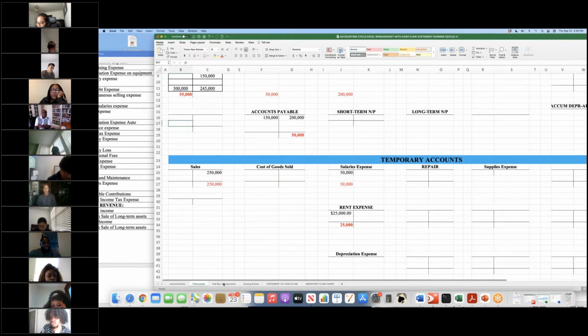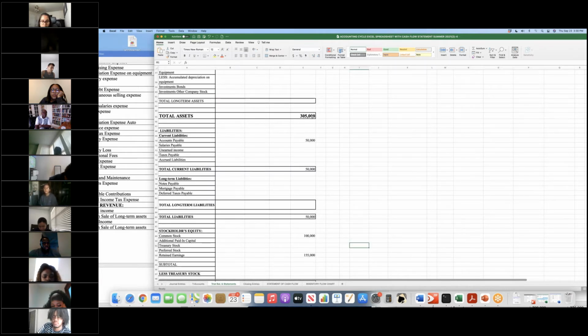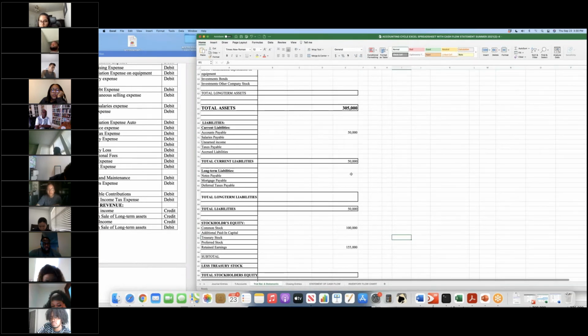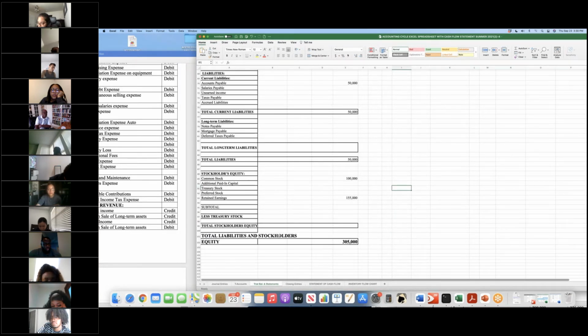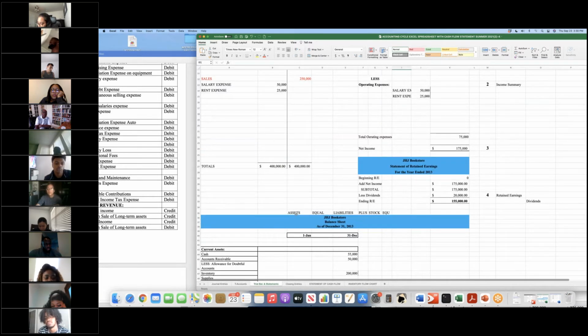So your total assets got to be 305, and your total liabilities and stockholders' equity have to be 305, which equates to this equation: assets equal liabilities plus stockholders' equity. That's what the balance sheet proves.